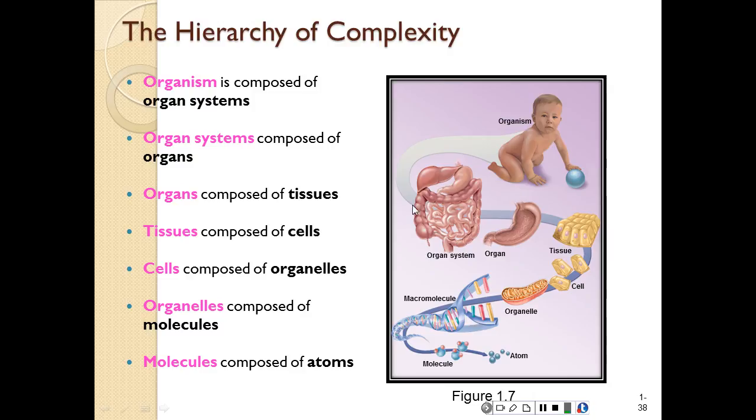Now when we put all of those systems together, it forms an organism, which is us, or an animal. So that is the hierarchy of complexity. Make sure you know the order, from the simplest to the most complex, or from the most complex to the simplest.